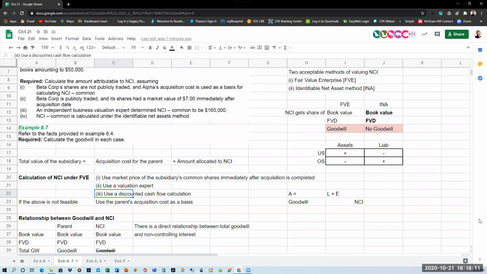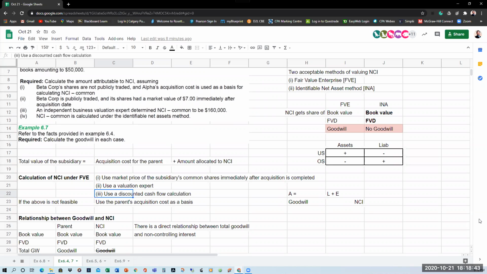For those that have taken accounting theory, you might remember some discussion about Ohlson's model, Jim Ohlson's model of valuing companies. Again, a model is only as good as the reliability of the estimates involved. So in order to make those discounted cash flow calculations, the company management has to make estimates about future cash flows.